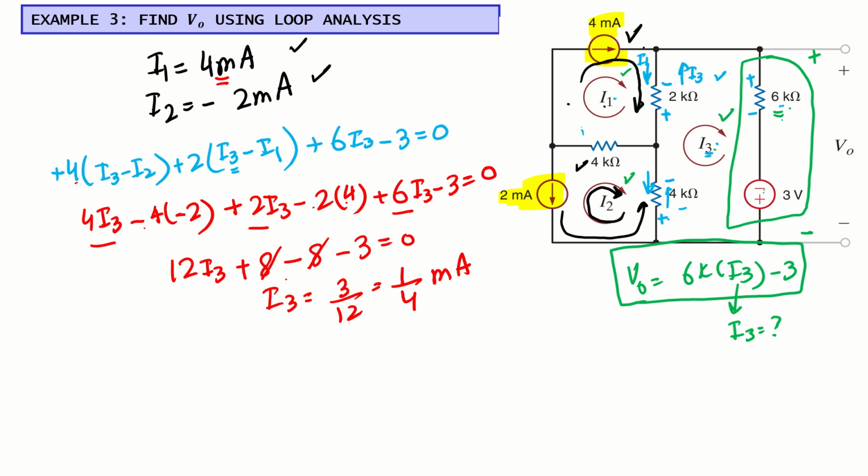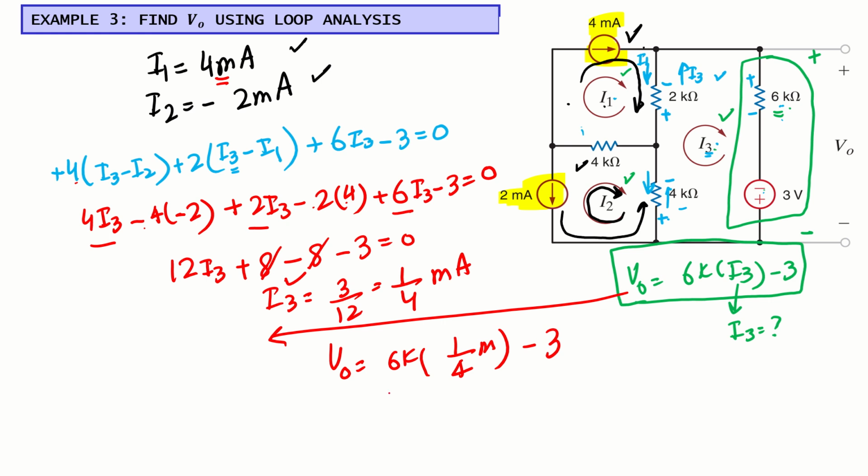So we got all our loop currents. I3, and I1 we already have. Our target is to get V0. So what will be V0? 6K times I3, and what is I3? 1 over 4 milli, minus 3. So what will we have here? Milli and K will be cancelled, so we have 6 over 4, which is 2 times 3 over 2 times 2, so 3 over 2, that is 1.5, minus 3, right?